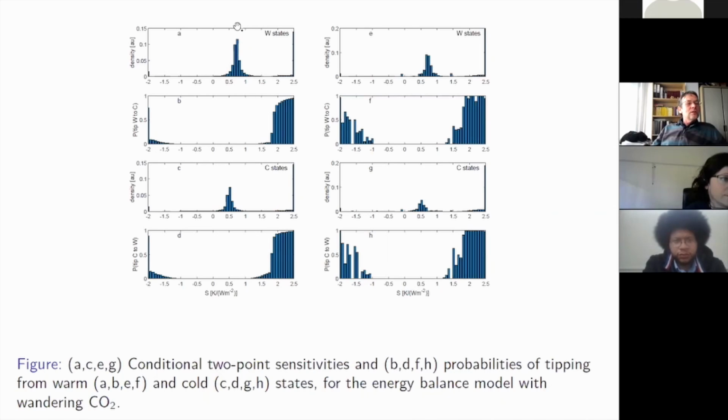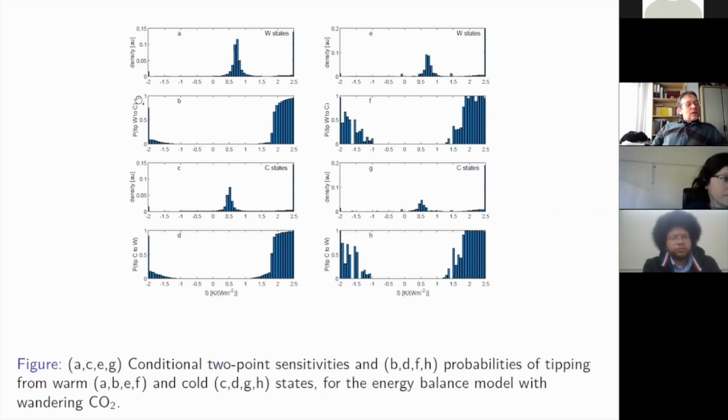The top one here is showing the distribution of the 2-point sensitivities, specific sensitivity S. You can see if both states are in the warm regime, you get a fairly well-defined, well-constrained peak, although what we've done here is everything on the tail is rounded to the last box. So you can see there is some mass left in the extremes here.